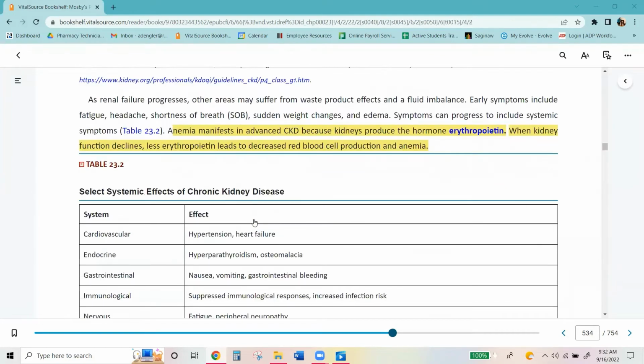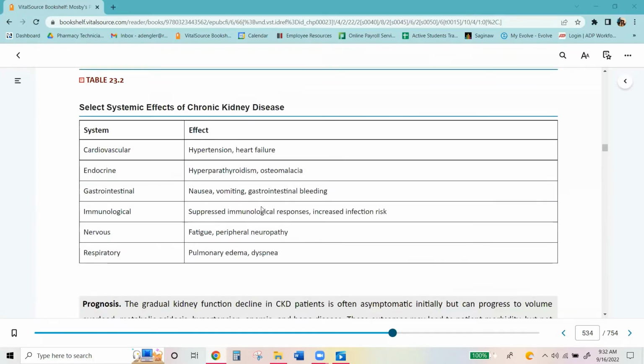Anemia manifests in advanced CKD because kidneys produce the hormone erythropoietin. When kidney function declines, less erythropoietin leads to decreased red blood cell production and anemia. Table 23.2 lists select systemic effects of chronic kidney disease.